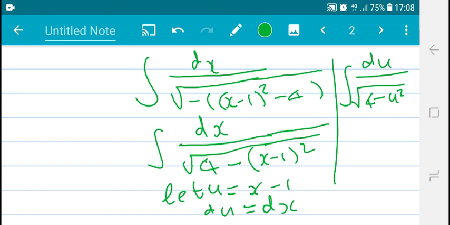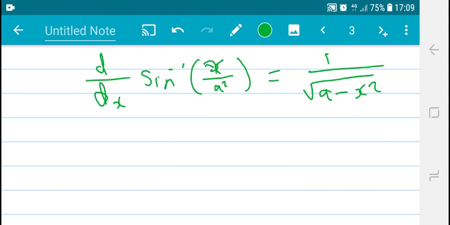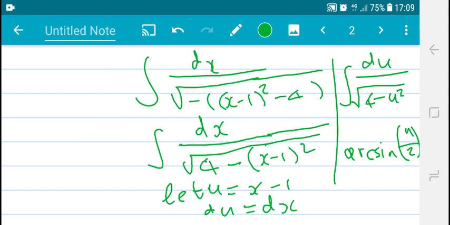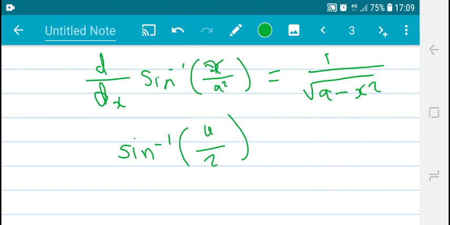So it should be arc sine of u over 2. So we're just going to write this neatly here: sine minus 1, arc sine of u over 2. And also remember, this is an indefinite integral, therefore we should have a constant of integration at the end.